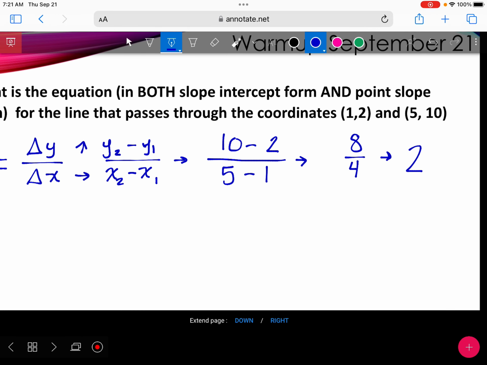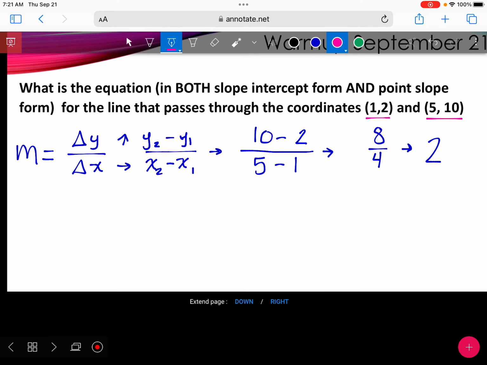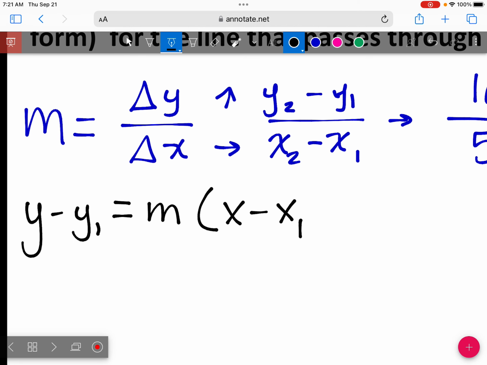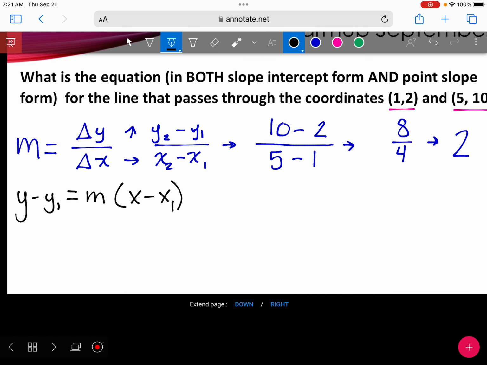Now that I have my slope and I have a couple of points, I can make point-slope form easy peasy. Point-slope form is that one where we have our y minus y1 equals m times the quantity x minus x1. And we put the point, whichever one we pick, into the x1, y1.